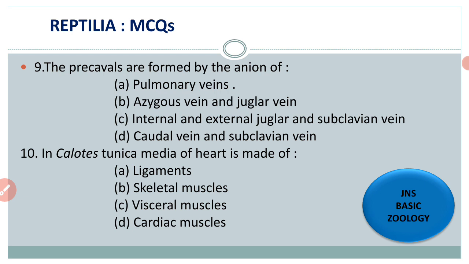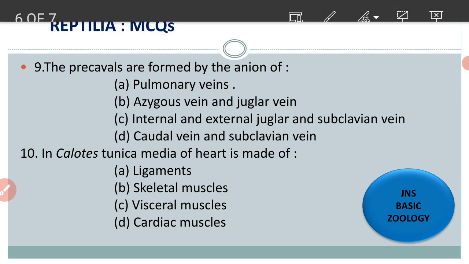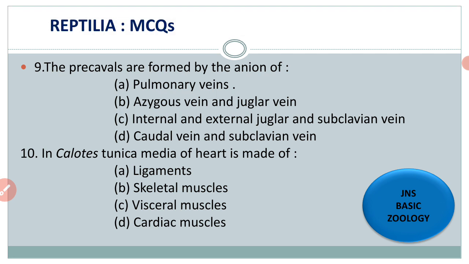The correct option is cardiac muscles. The heart is made by a special type of muscles called cardiac muscles. Particularly the tunica media, the middle layer of the heart in Calotes, is made by cardiac muscles.